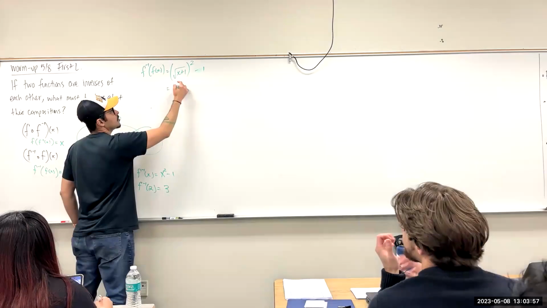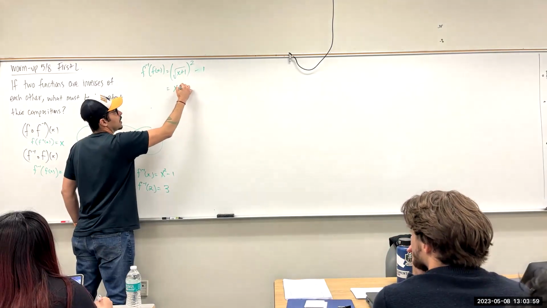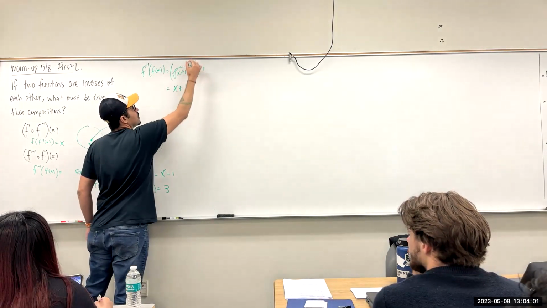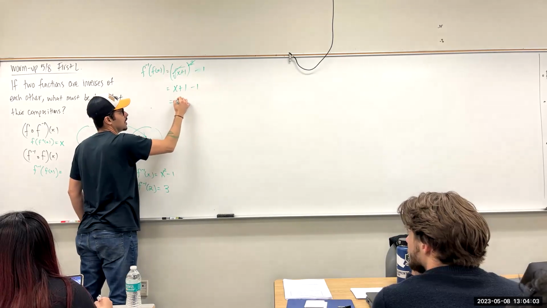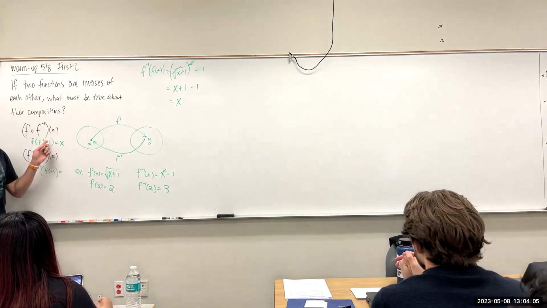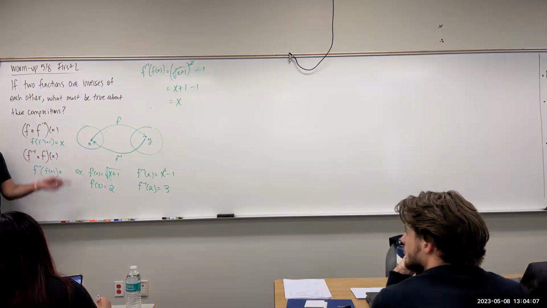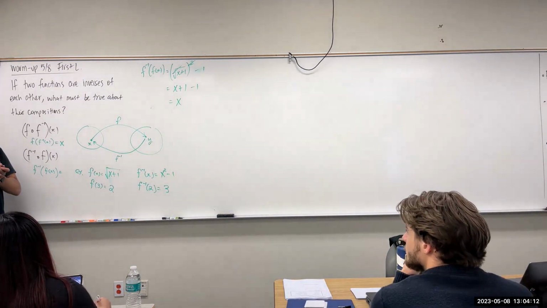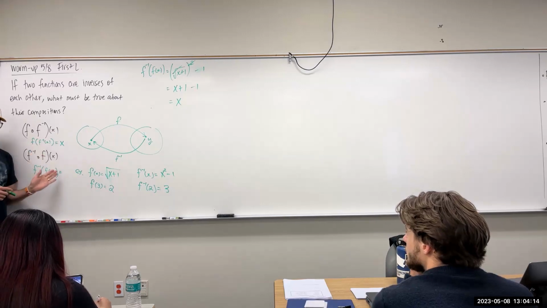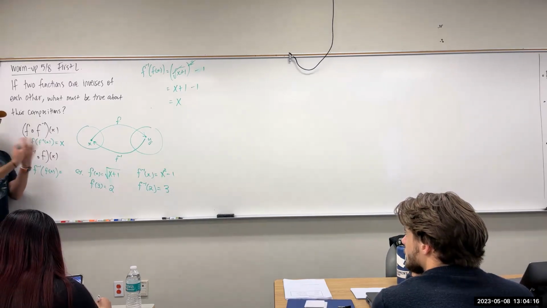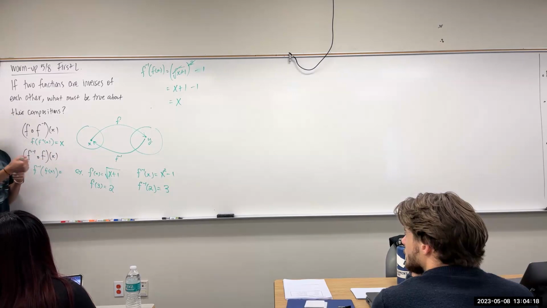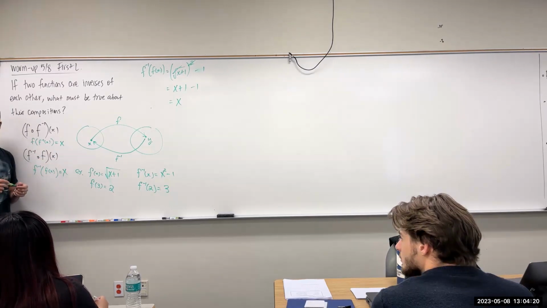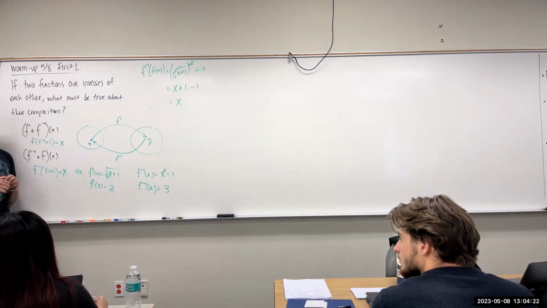It cancels, so this just becomes X plus 1 minus 1, which is X. That's what this property was saying. If we were to do it the other way around, the same thing would happen. That's a property of inverse functions: when you compose them with one another, they always cancel to X, no matter the direction. Nice little property.